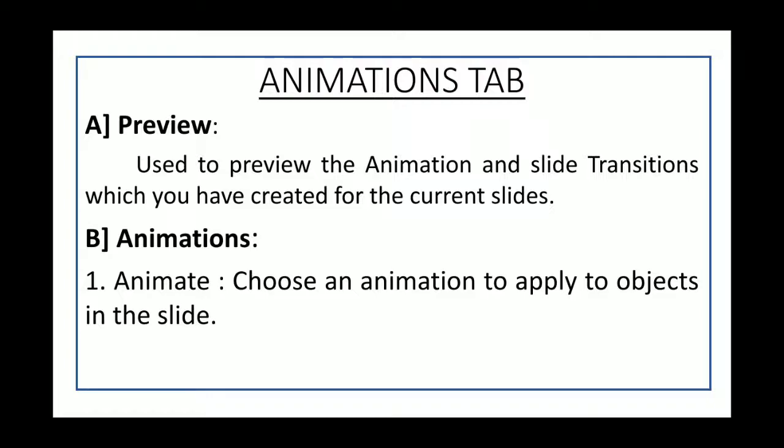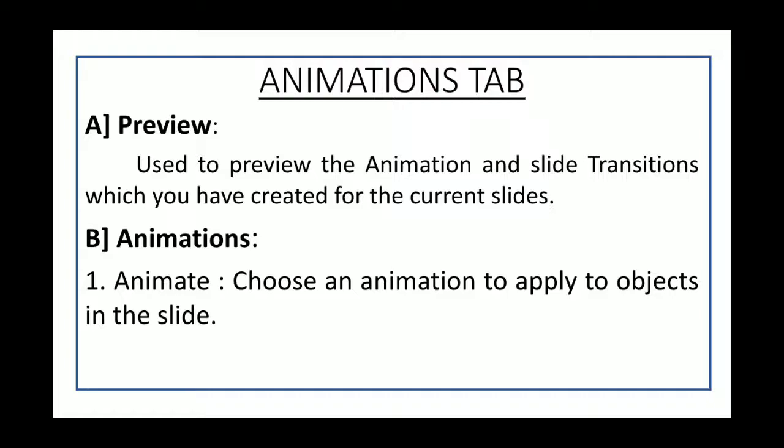Whenever you are viewing the slide show of your created presentation, you can use arrow keys for movement forward and backward, and Page Up and Page Down. For forward, Page Down will be used. For backward, Page Up is used.